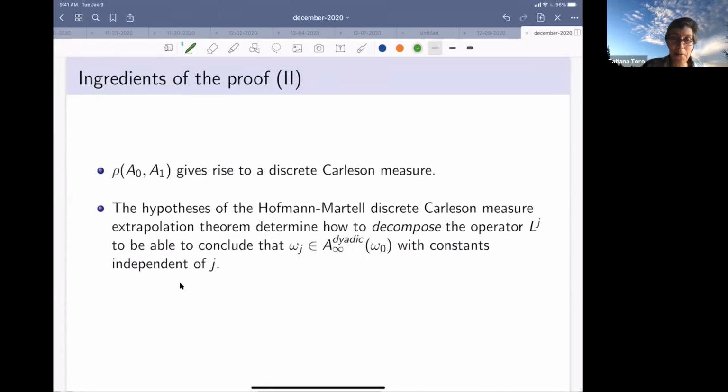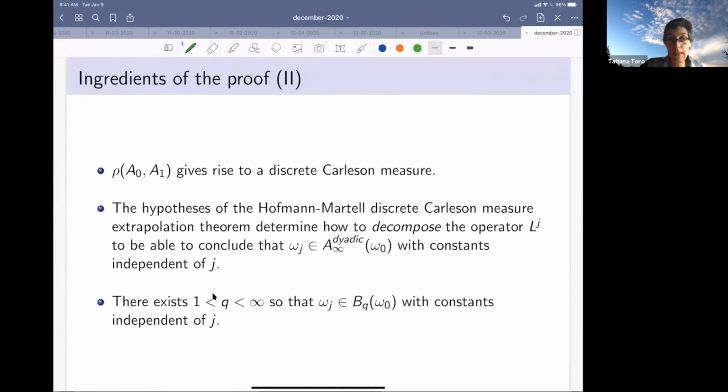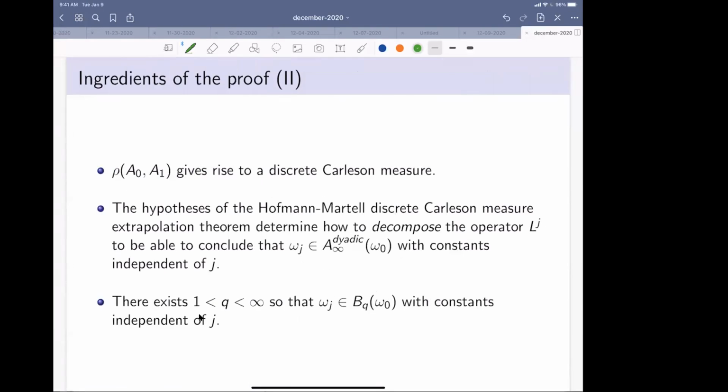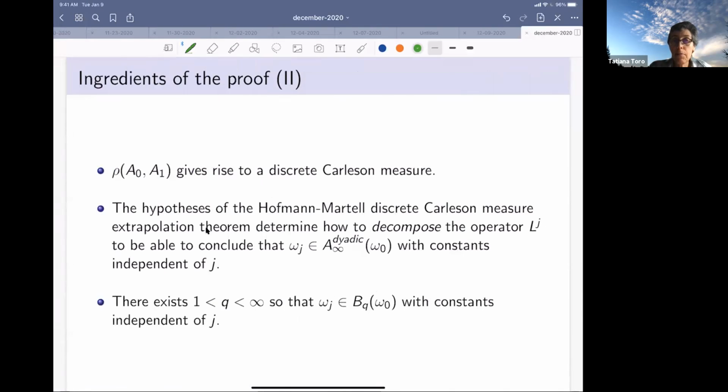They're there, and the A infinity happens to be with a constant that's independent of J. And then we use that to be able to prove that the omega j's are in B_Q weight with respect to omega 0 with a constant that is independent of J. Okay, so these are the three big steps of the proof, but there are many things that go into proving each one of the steps. So those are basically the components of the proof.